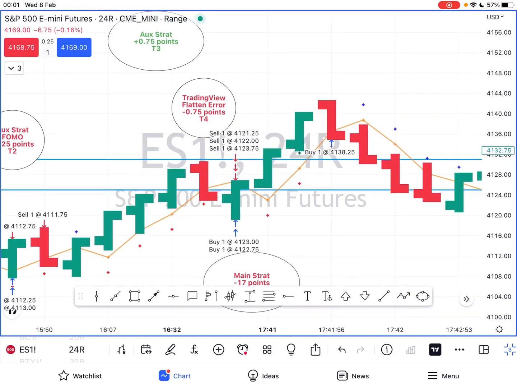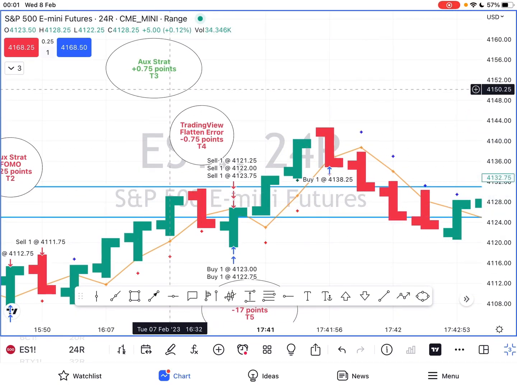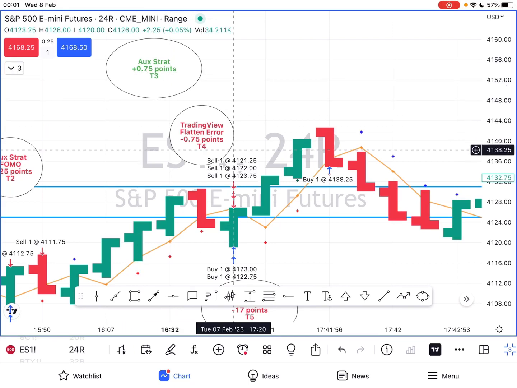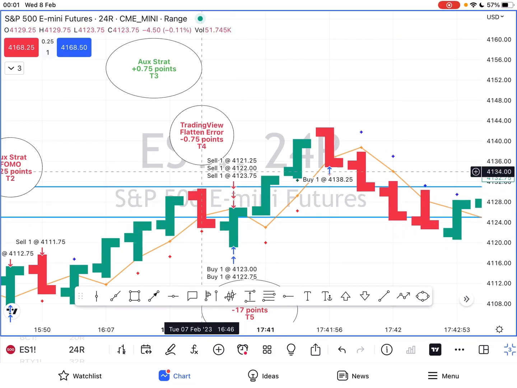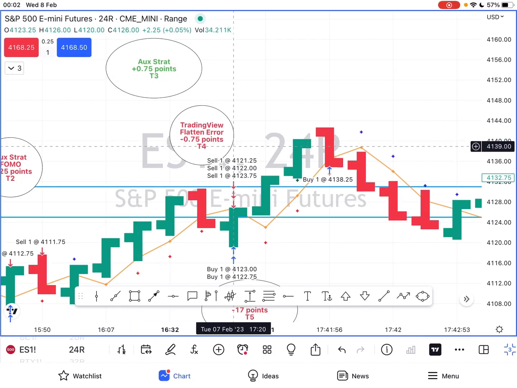Over here we took an auxiliary trade. This one we didn't get a good fill on the short position, so what we did was we placed our order to get out for near enough break even. We got filled on the order, made 3/4 of a point.